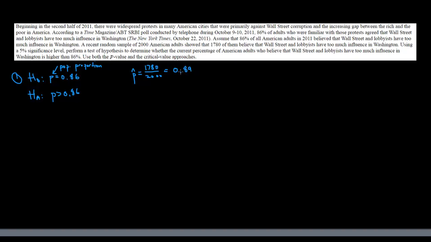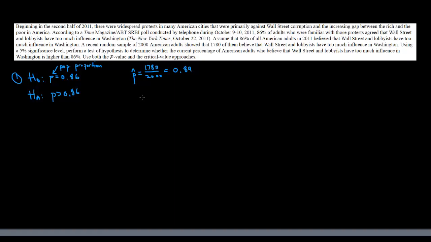So from our sample data, it certainly appears that more people hold this opinion today than in 2011. But again, we can't say for sure that that is a trend. We can't say for sure that the population proportion of folks who hold that opinion has actually increased, because it could be that we just happen to call 2,000 people that on average held that belief more often than the general population.